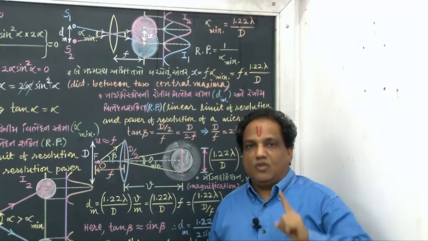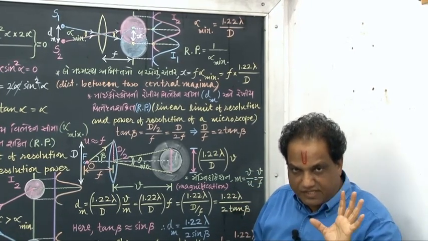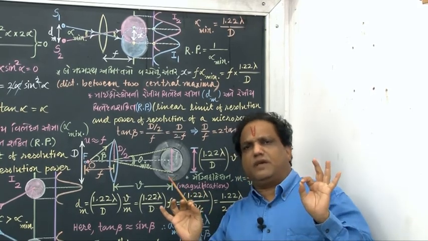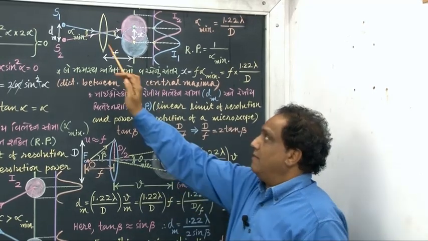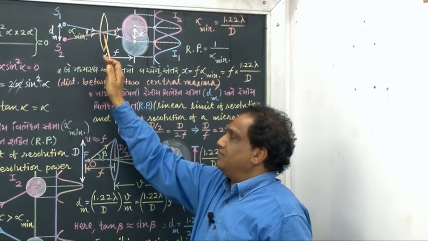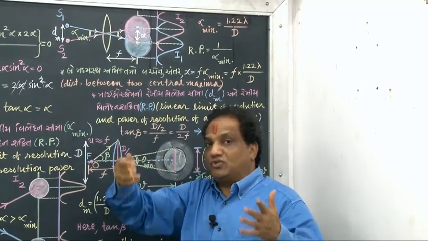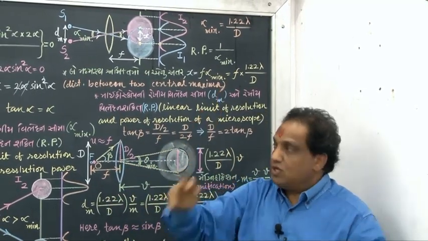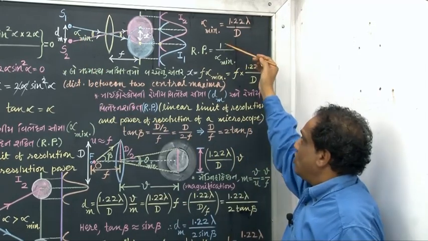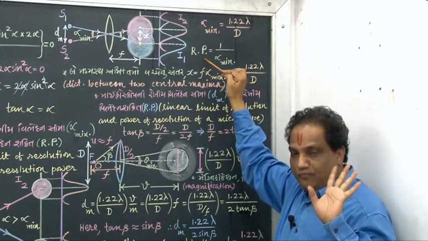I repeat, when images of two closely lying point-like objects obtained by a given telescope are just separate, then the angle made by light rays coming from those two objects at the objective of the telescope is called the angular limit of resolution of that telescope, shown by the symbol alpha minimum, and its reciprocal is called the resolving power of that telescope.